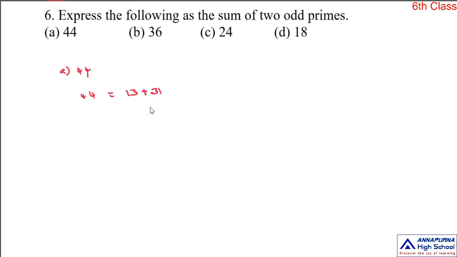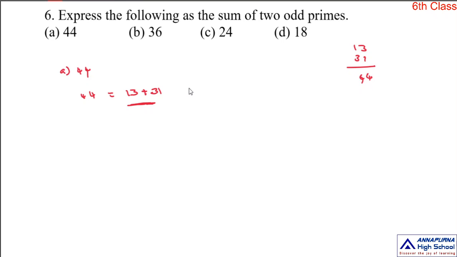We add these two, we get 44. 3 plus 1 is 4, 1 plus 3 is 4. So 44 can be expressed as 13 plus 31. These two are odd primes.